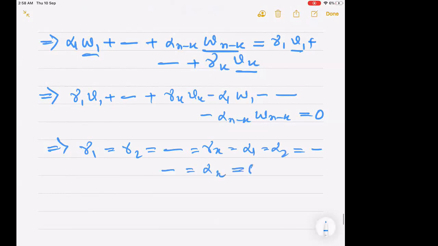All of them are equal to 0. This is because v1 up to vk, w1 up to wn minus k is linearly independent. But this is what we wanted to show: alpha 1 up to alpha n minus k, I'm sorry, should be alpha n minus k, equal to 0.